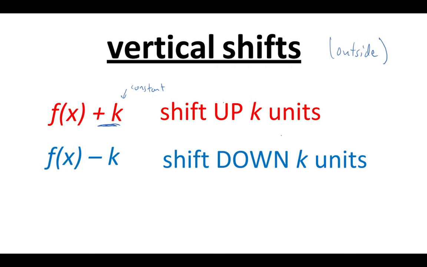So if it's, for example, x squared plus 2, well, that would be up 2. If it was f of x equals the square root of x minus 3, well, that would be down 3. You would just take the parent function and then move it down 3.